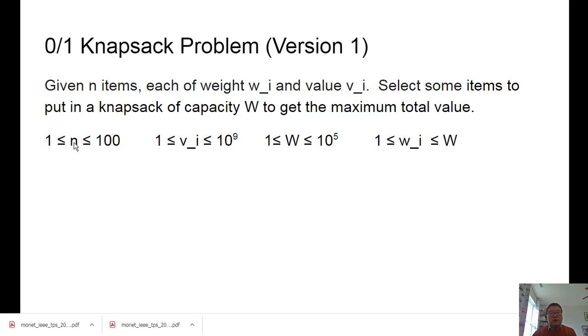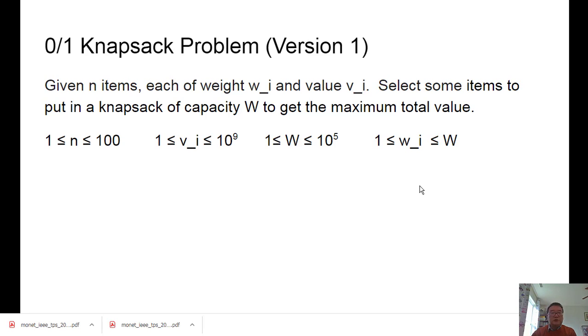Let's say we have up to 100 items, the value of each one is up to 10 to the 9, the total weight is up to 10 to the 5, and the weight of each item is less than this.